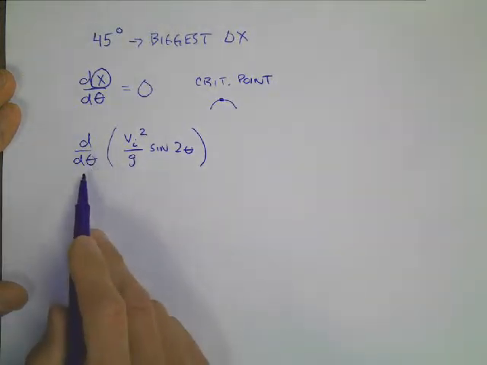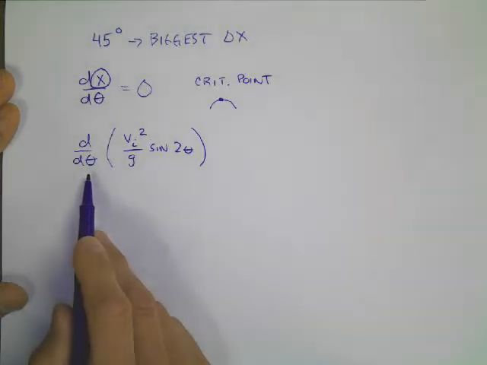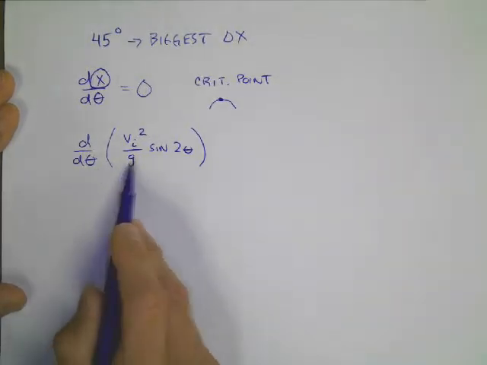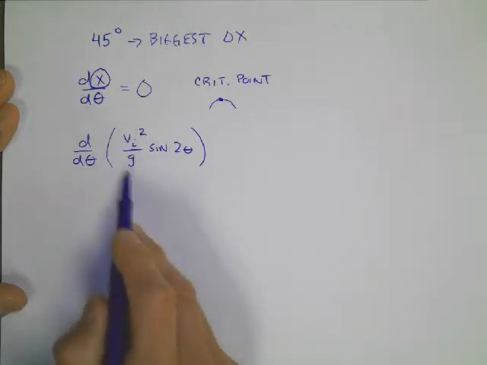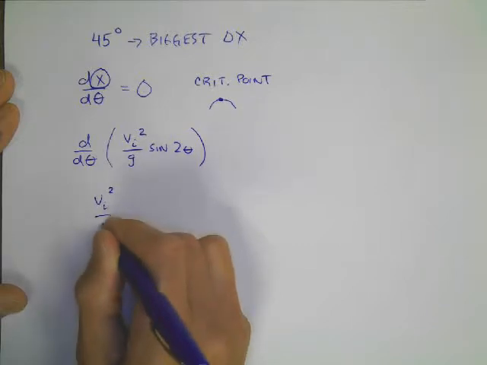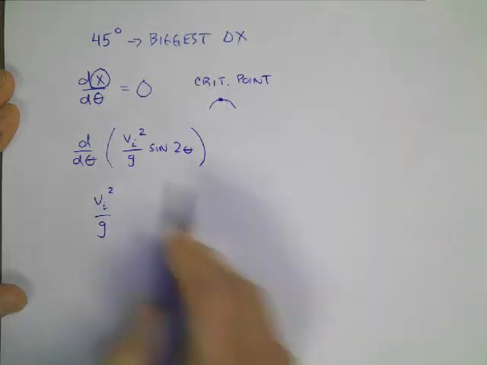I'm taking the derivative with respect to theta here. We've never done this before, but it's really the same as taking the derivative with respect to any variable. The vi squared over g is a constant that just comes out because it doesn't depend on theta.